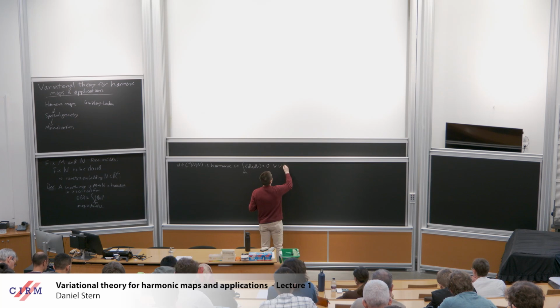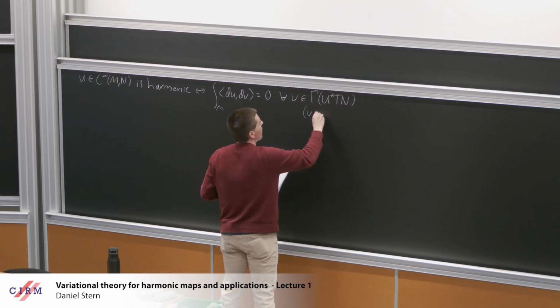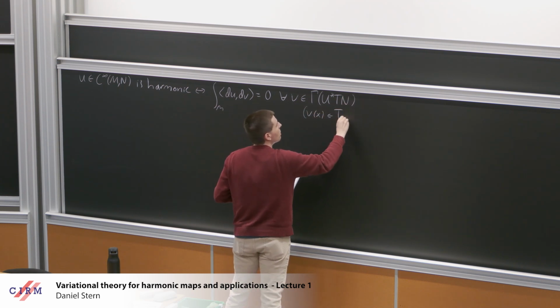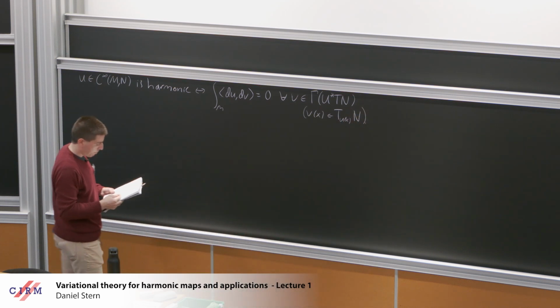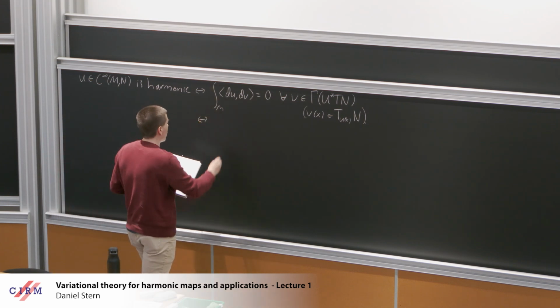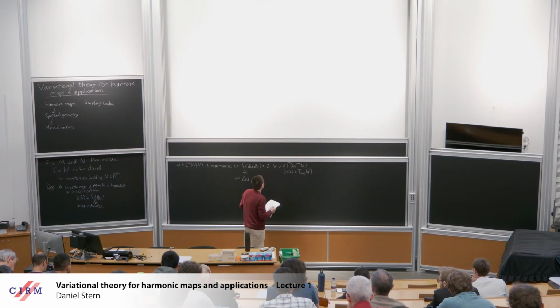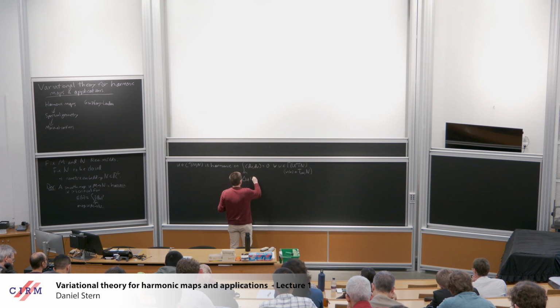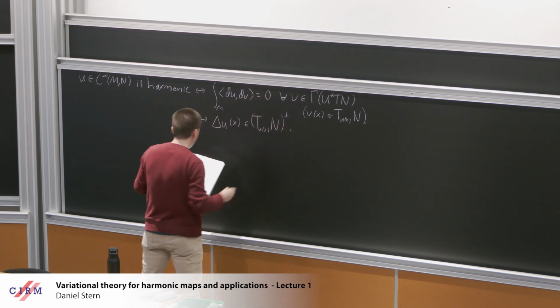In other words, v is a section of the pullback bundle, so v of x belongs to T_{u(x)}N. This is equivalent to saying that the Laplacian of u is pointwise perpendicular to that tangent bundle, so Laplacian u of x belongs to (T_{u(x)}N) perp at every point.